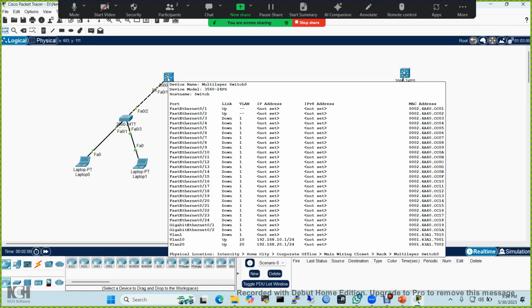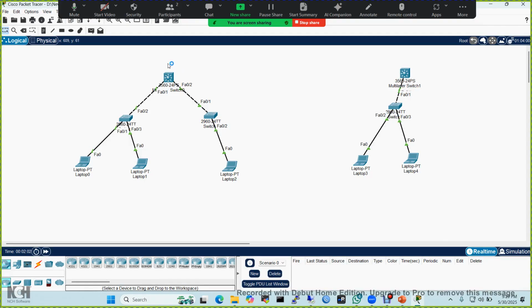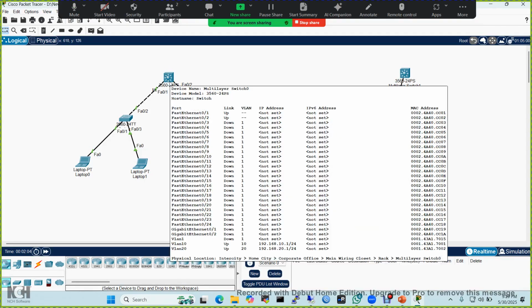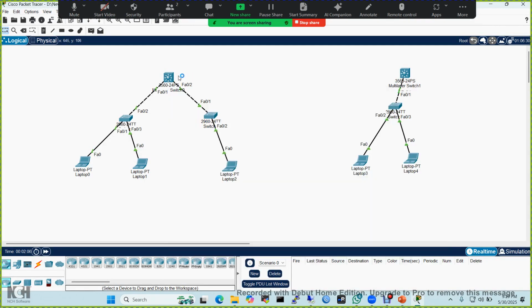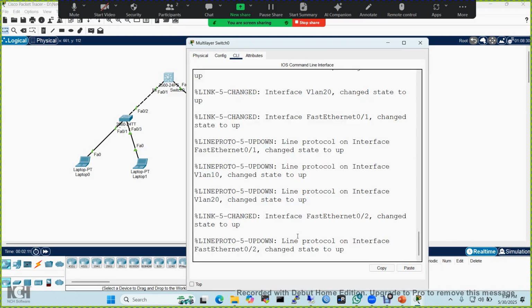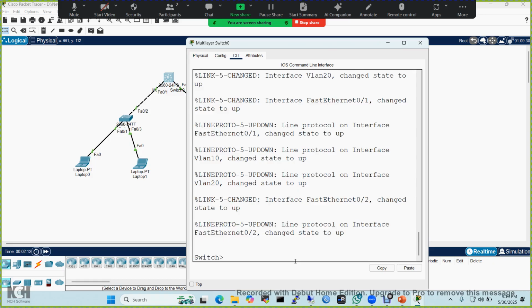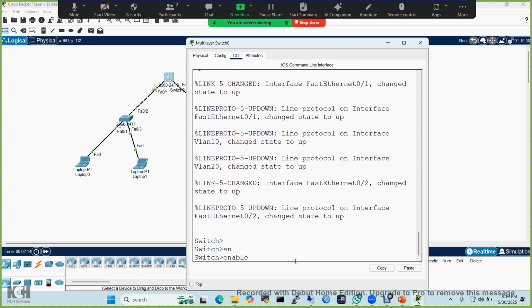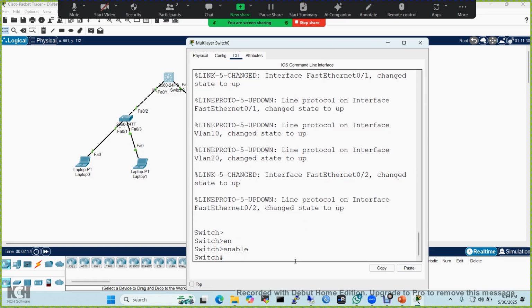For example, here, with this switch, can you say how many switches are connected? Two switches. By showing CDP neighbors, we can also check. Before going to CDP, here there are two switches connected, right?